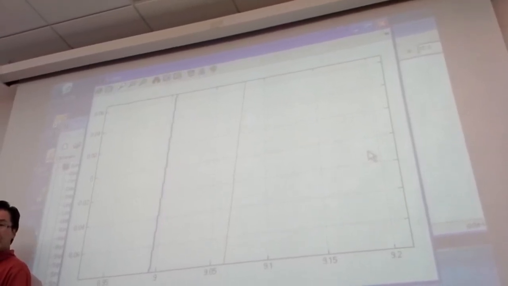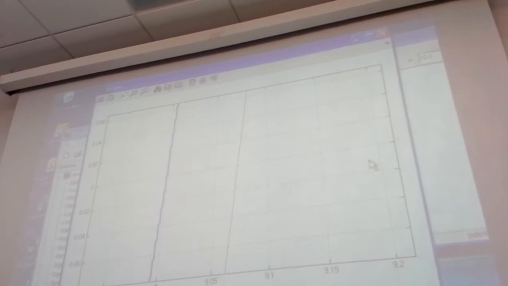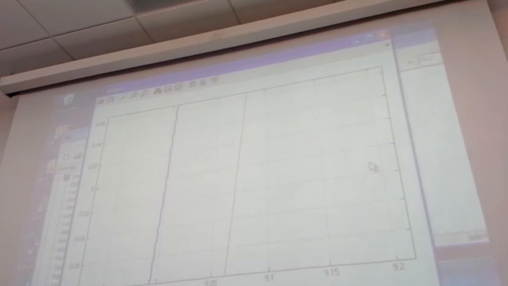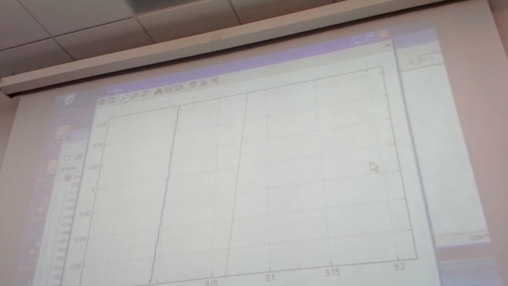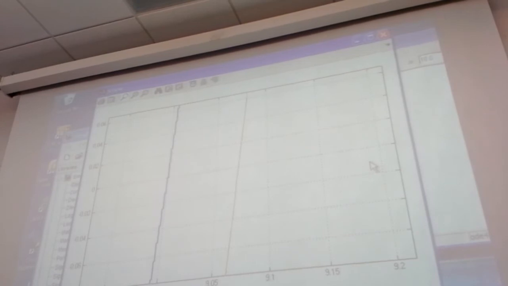Okay? And if you have this one, what is the gain at frequency 0? That means at DC level. What is the gain? Should it be 0? I mean, should it match? Frequency is 0. No, look at it.